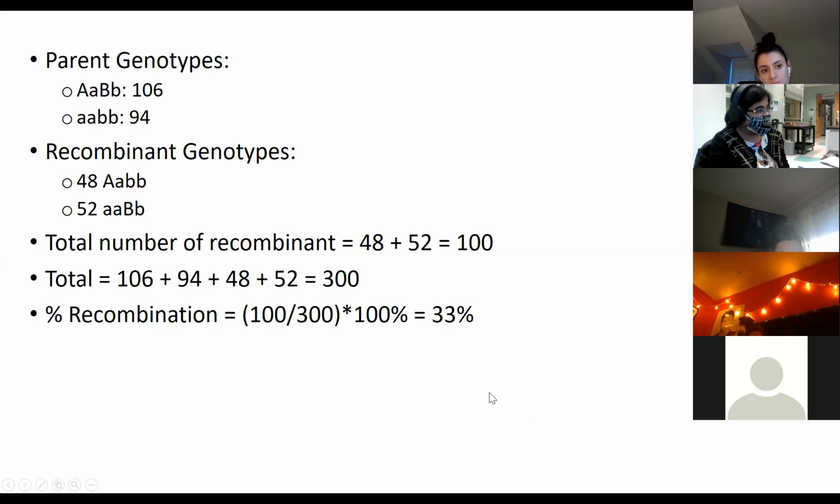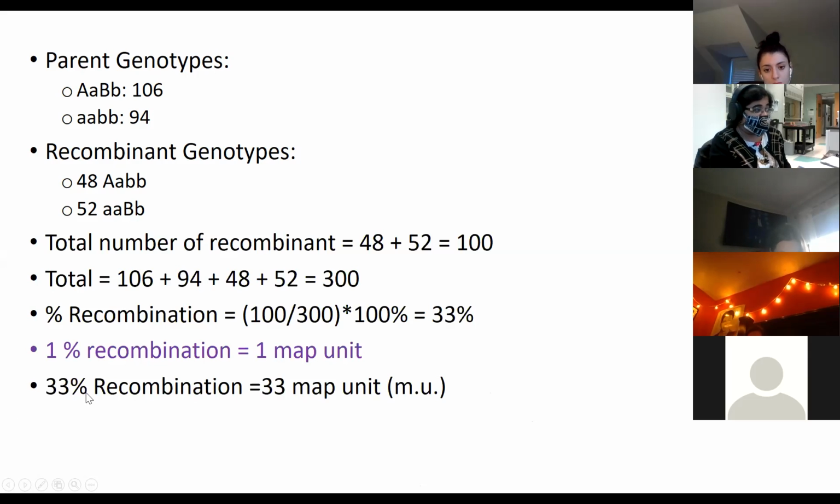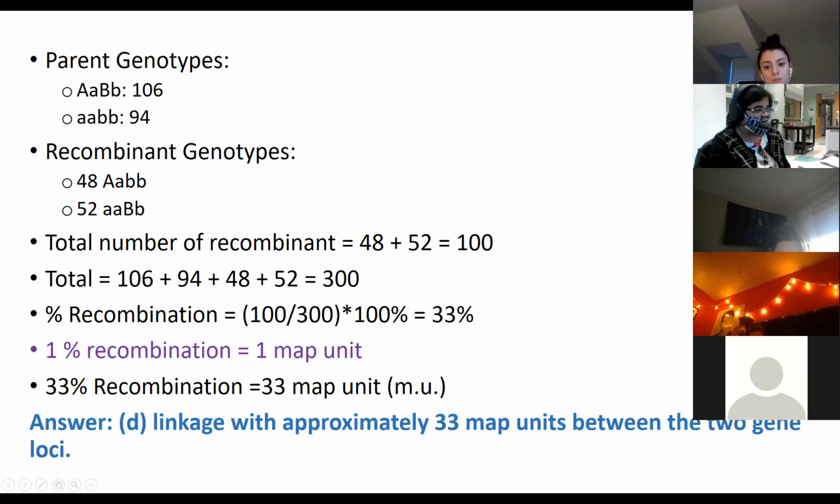Then we know that 1% recombination is equal to 1 map unit. This means that 33% recombination is equal to 33 map units. Okay? So the answer to this one will be D, because the linkage is approximately 33 map units between the two gene loci. Does that make sense?